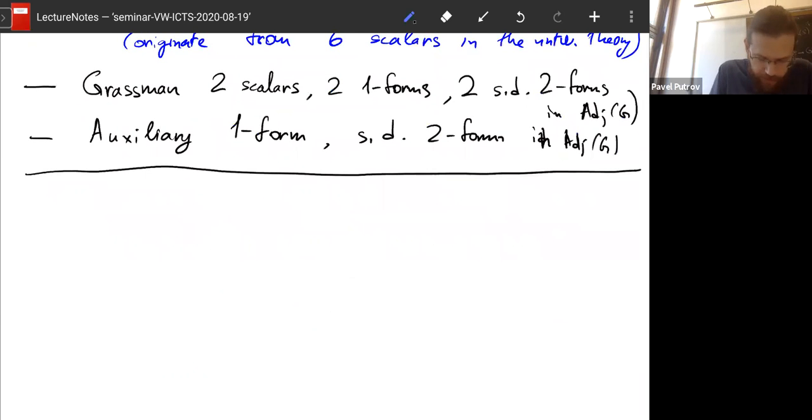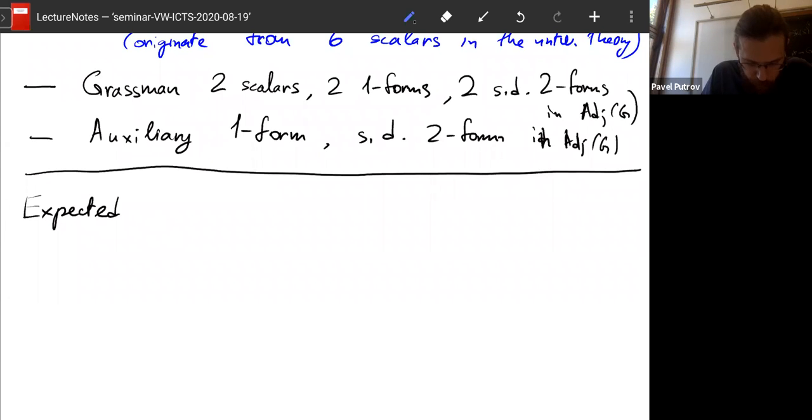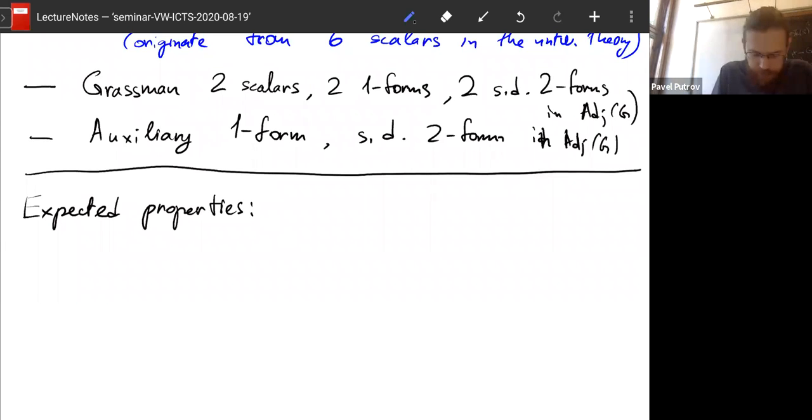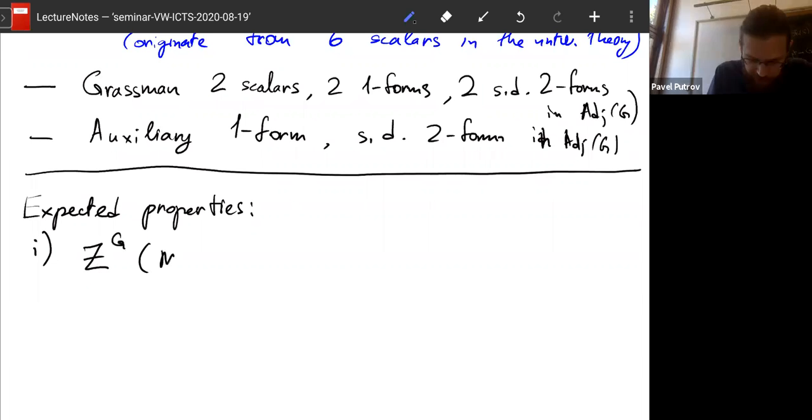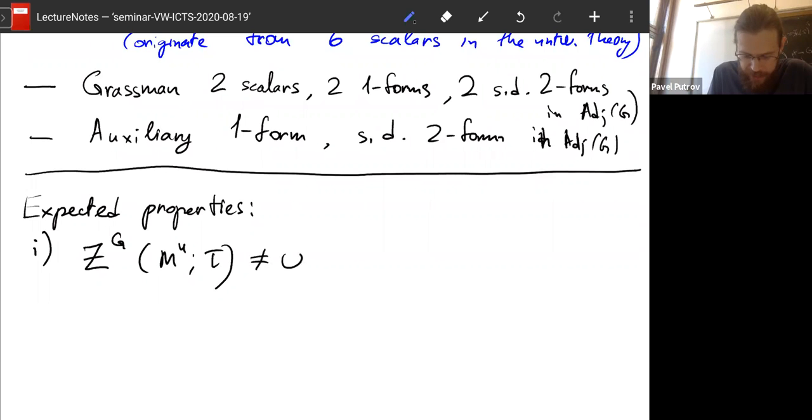Okay. So then the partition function of the theory has the following expected properties. Well, it may look a bit strange, but the property is that the partition function is generically non-zero.